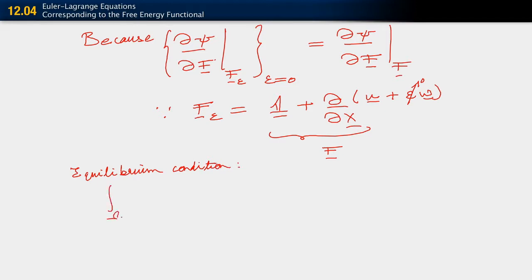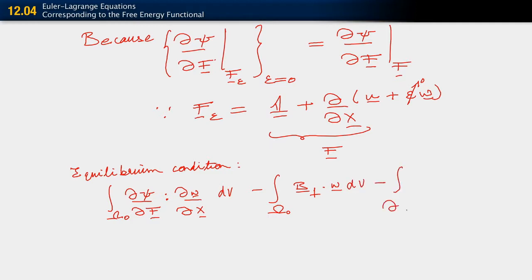It is the integral over omega naught of the partial of psi with respect to f contracted with the partial of w with respect to x, where w is a variation, dV, minus the integral over omega naught of bf dot w dV, minus the integral over the traction boundary of T dot w dA, equals 0 for equilibrium.